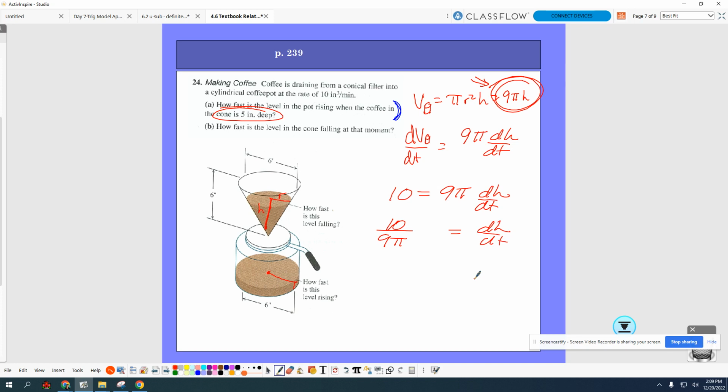What are the units on this? Inches cubed. Okay. It's not inches cubed anymore. Like height, what are the dimensions for height? Inches, miles, feet, what is it going to be?